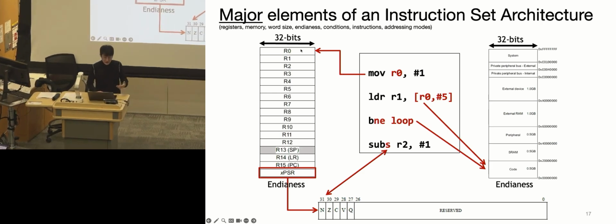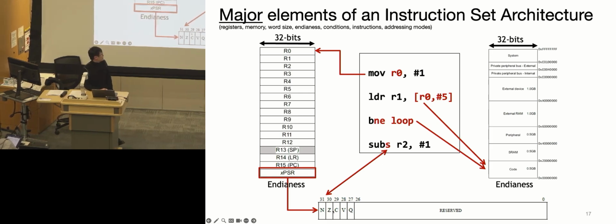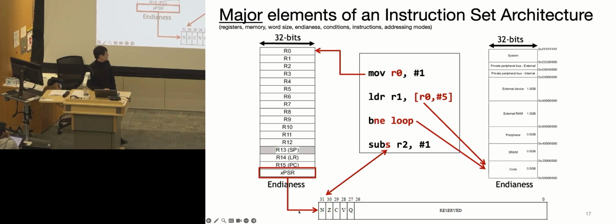Next, we do a load from a memory address stored in register 0. Then we add 5 to that, but without changing the number stored in register 0. Later on, in a loop, we do the subtract. This is a pretty straightforward example. The S here updates some of the flags, in this case whether the result is 0 or not. Any questions on this example?